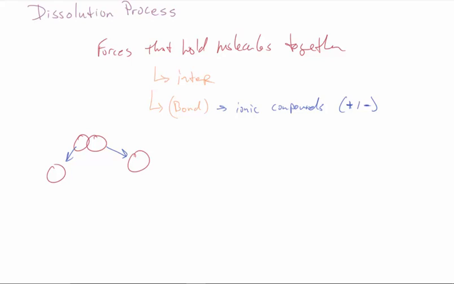Another big idea that we want to make a distinction of right at the beginning is that our ionic compounds do something special and unique that covalent compounds don't generally do. Our ionic compounds and our acids dissociate.